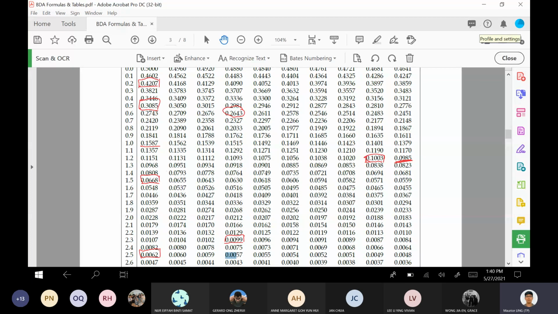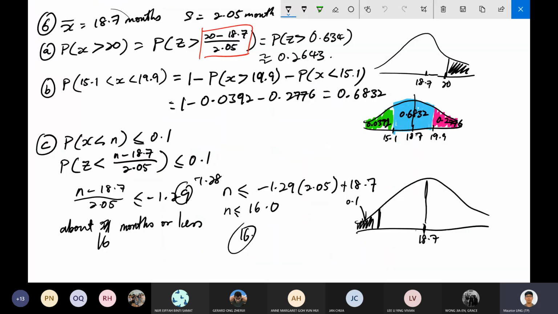With 2.9, you actually have slightly more than 10%. So yeah, correct. This should be 2.8. So you end up with 16.076 or so.